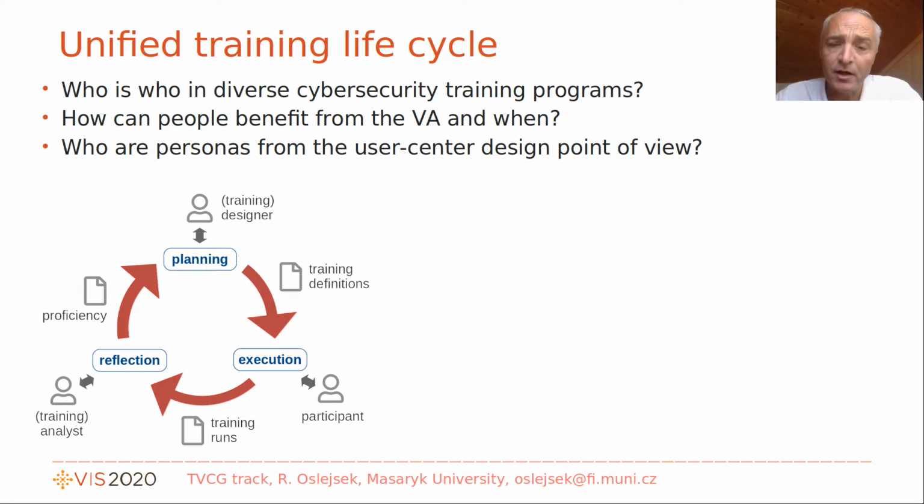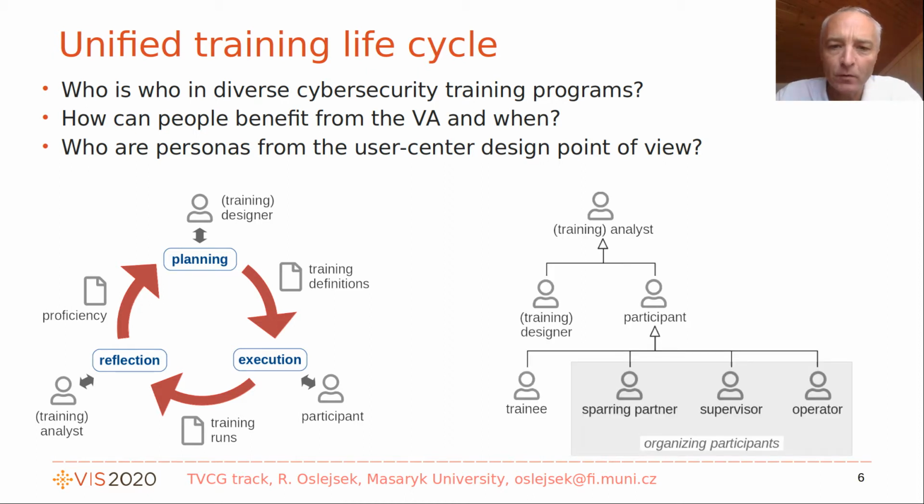First, the training has to be somehow designed and prepared during the so-called planning phase. Then it's organized. We say that the training is executed, and then the results are used for reflection. Reflection is important both for trainees to learn from their mistakes and for organizers to continuously improve the impact of future training sessions.